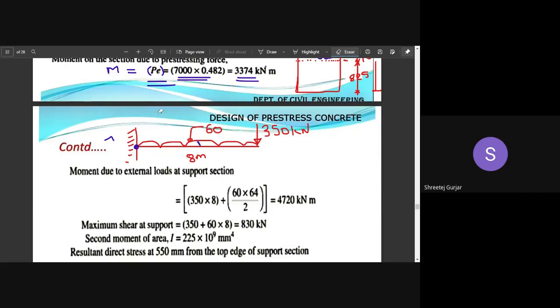Basic strength of materials, SFD, what you do in shear force calculation. We have one downward 350 kilonewton, one downward 60 kilonewton per meter UDL, and one reactive force Ra here. What is the reaction value? Apply the summation of vertical forces.